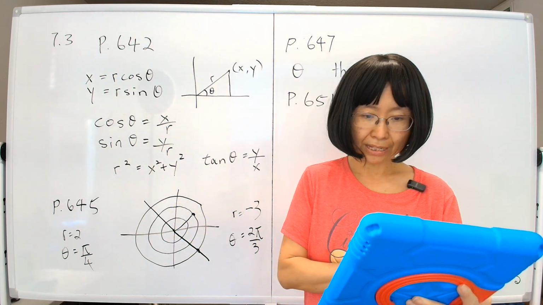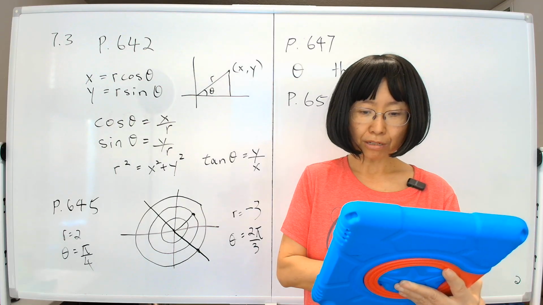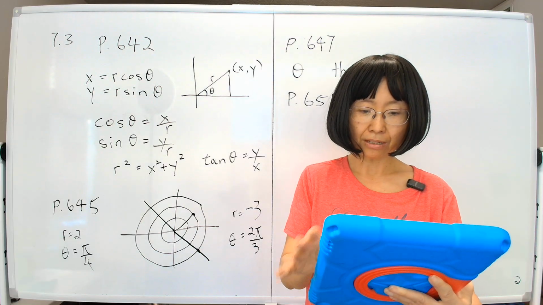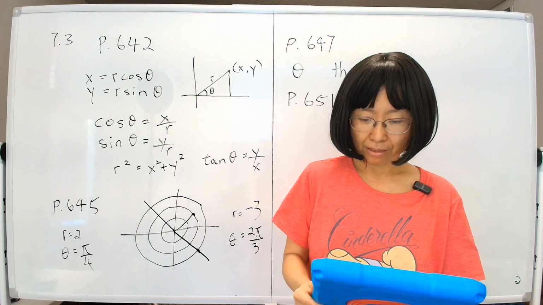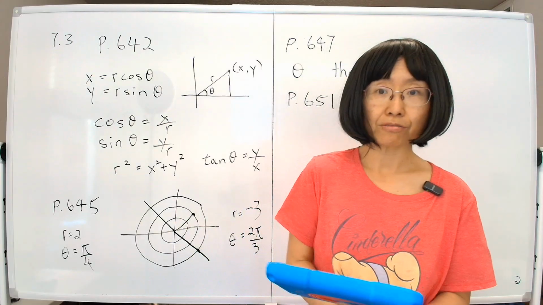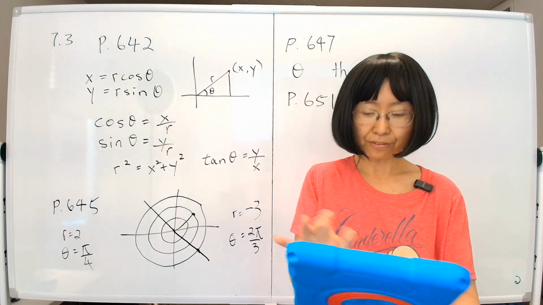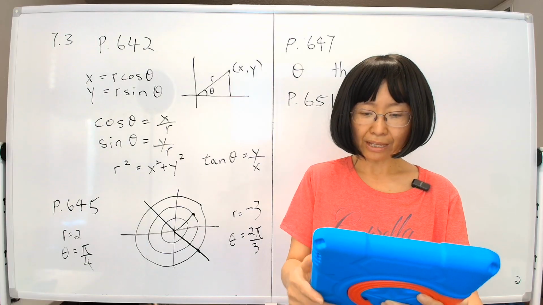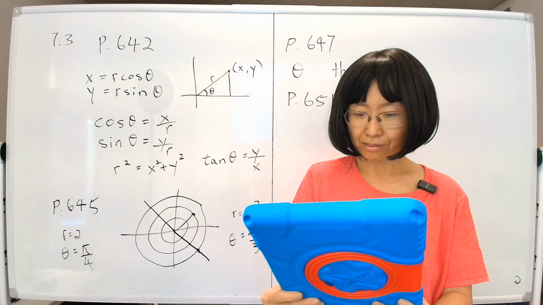And so on the next page, how do we describe a spiral? Well, the spiral is defined as r equals k theta. If you convert that into rectangular coordinates, as we see on page 654, you plug it in, and things look like a headache.